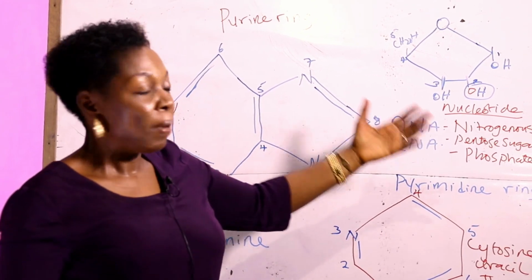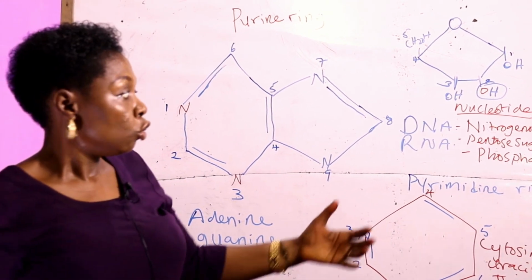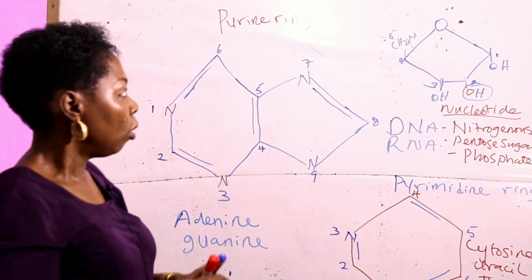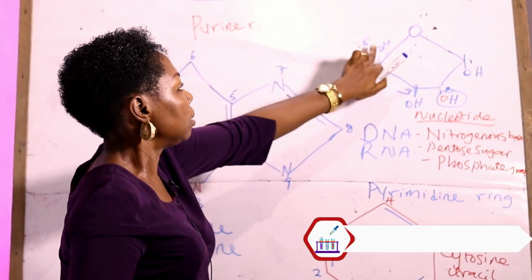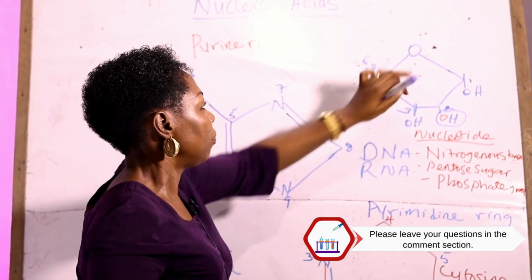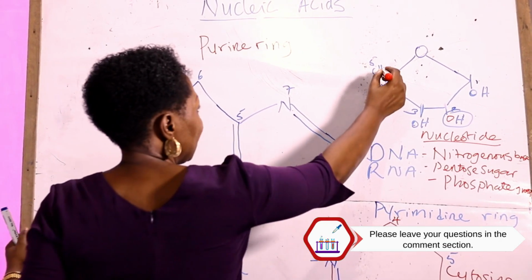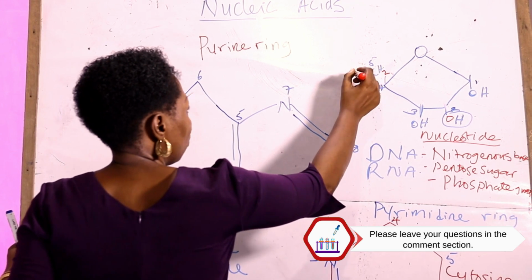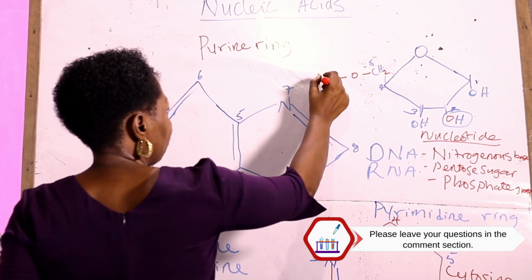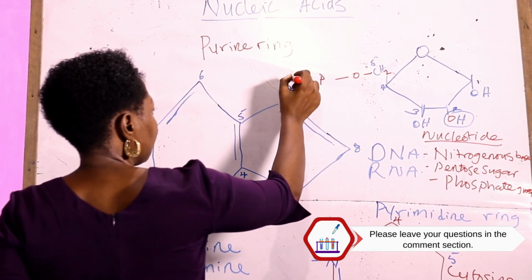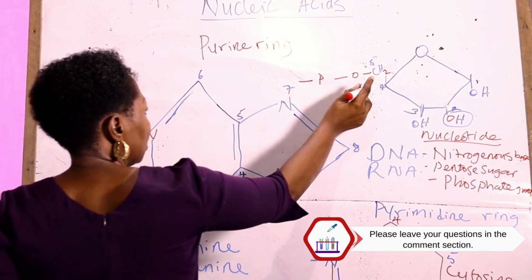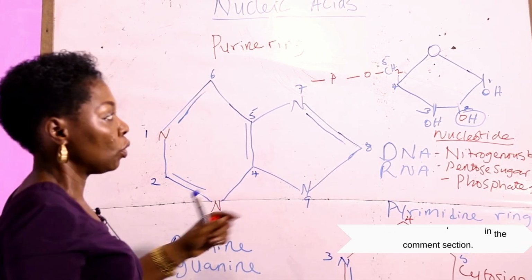When the pentose sugar is phosphorylated at carbon 5, so you have CH2 here, and then you have the phosphate group, this is phosphorylated to give you what?